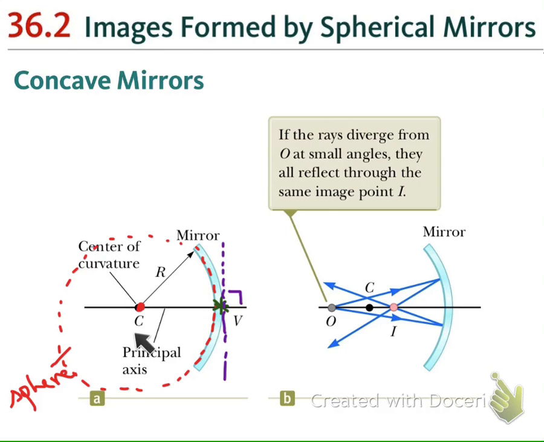And in this class, we will talk about the object that is close to the principal axis only. If the object is placed far from the principal axis, we have to do something different, and it's more complicated to calculate the image from the mirror.